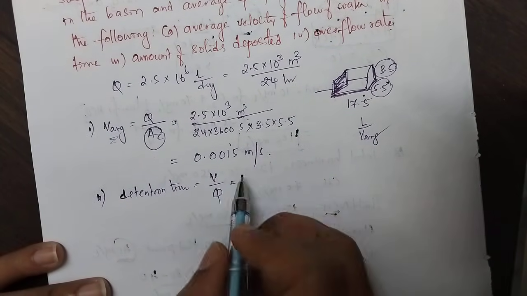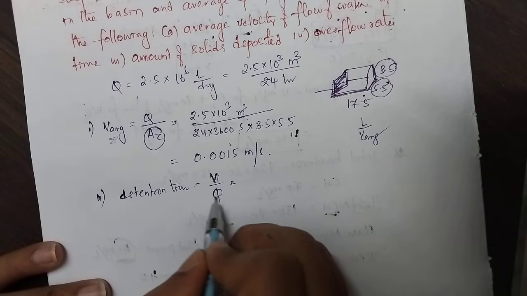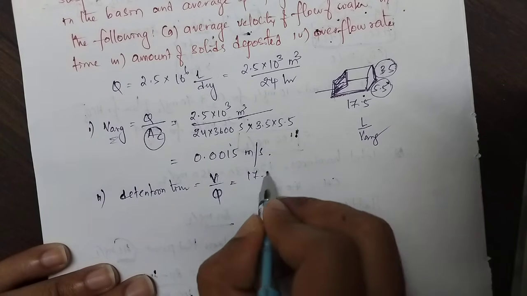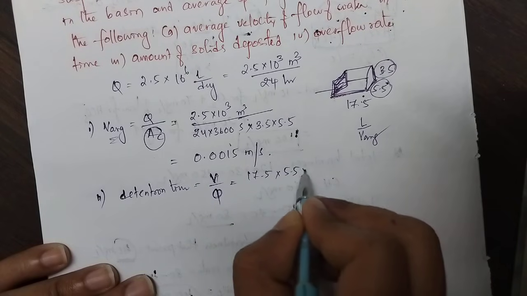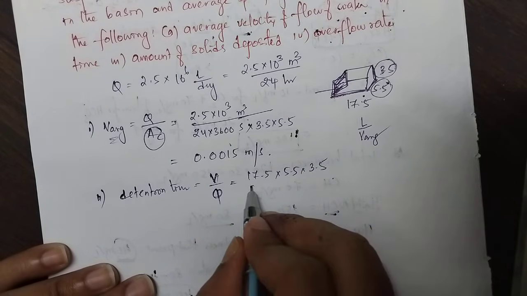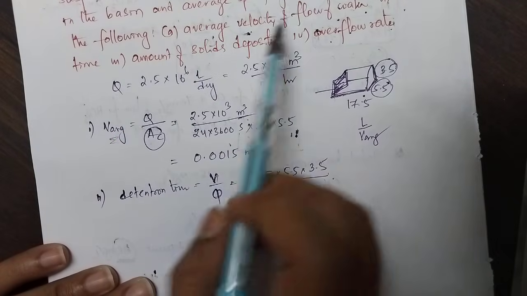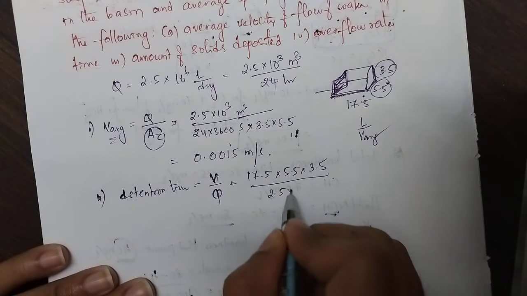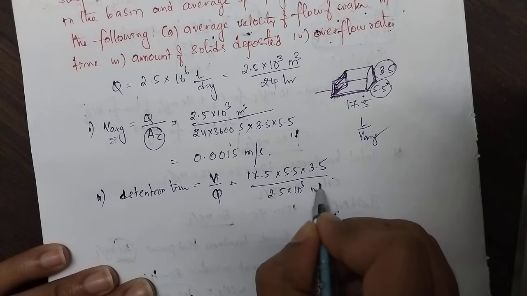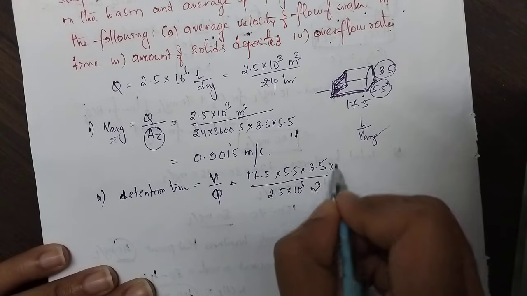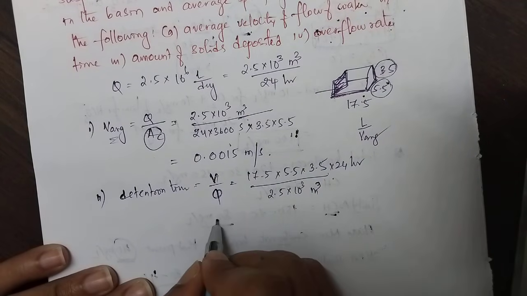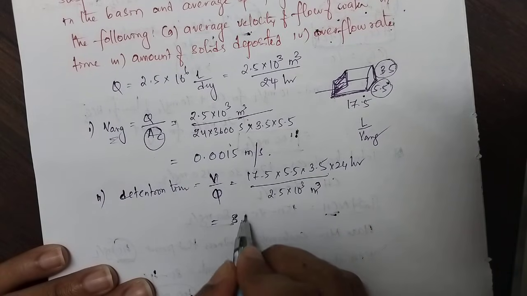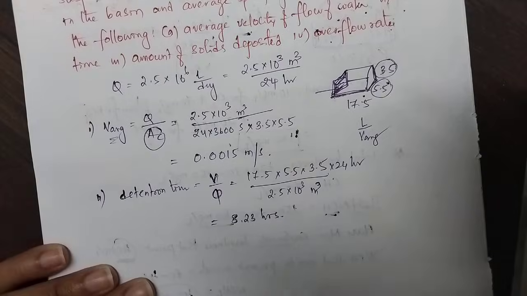So volume of the tank is 17.5 into 5.5 into 3.5, divided by volumetric flow rate, which is 2.5 into 10 power 3 meter cube divided by 24 hours. If you calculate, you should get around 3.23 hours.